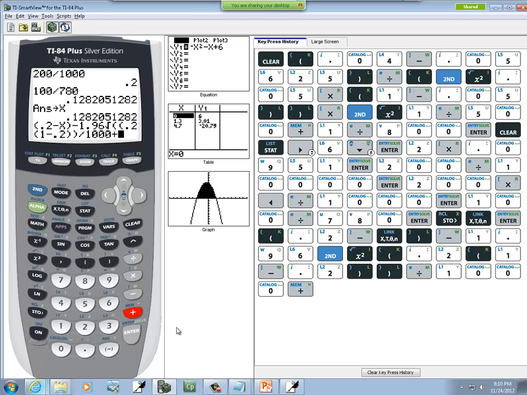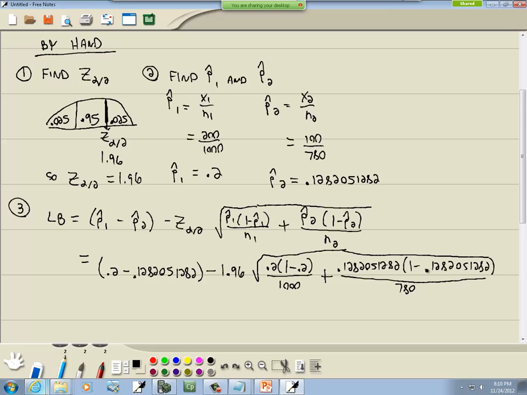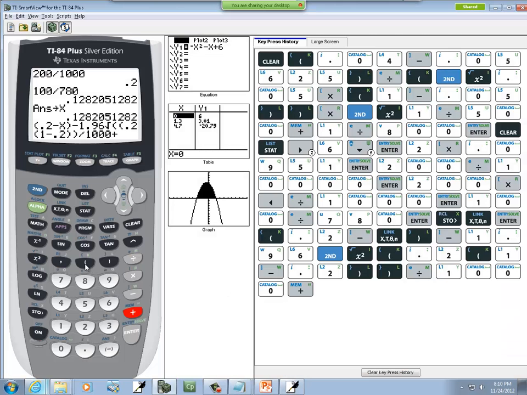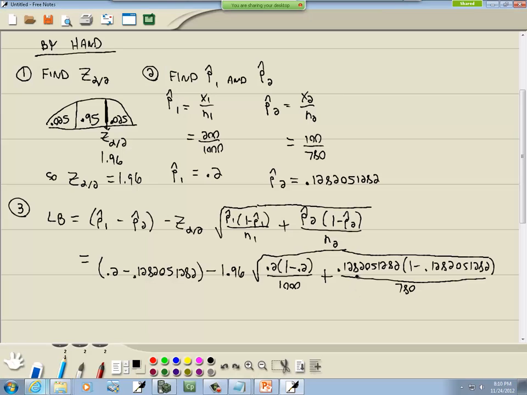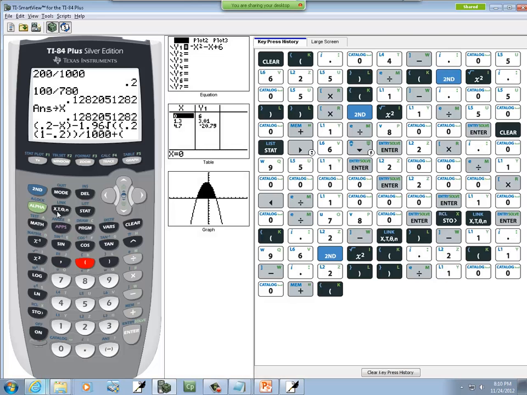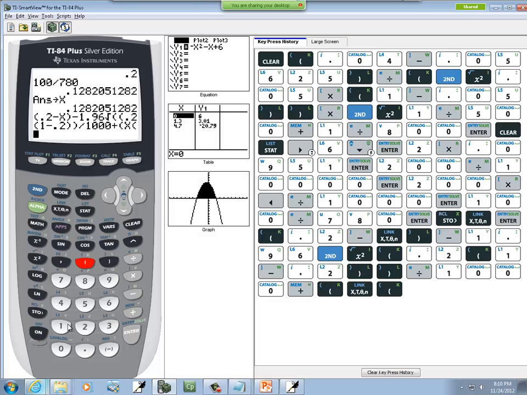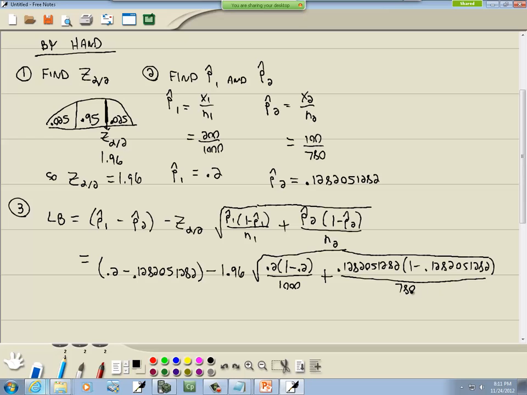Plus, then over here, again I'll put parentheses around the top part. So the beginning parentheses, we got that long number, so X, beginning parentheses 1 minus X, close parentheses on the 1 minus X, closing parentheses on top part, divided by 780.